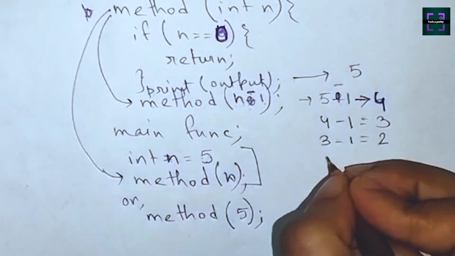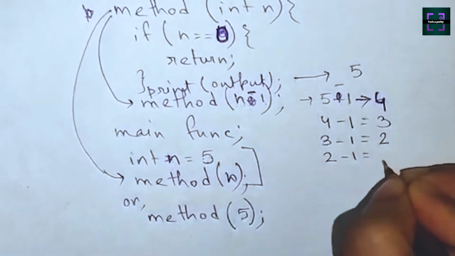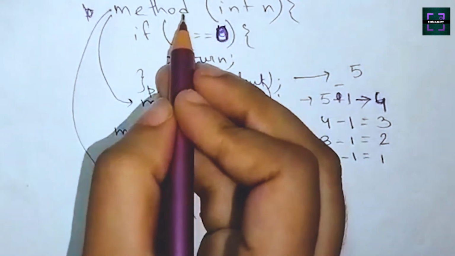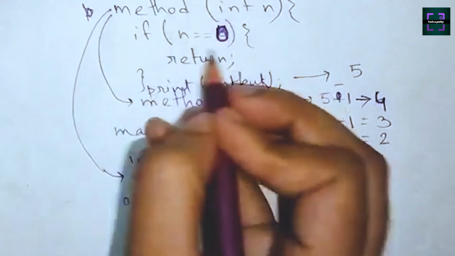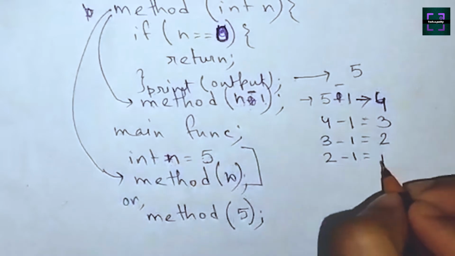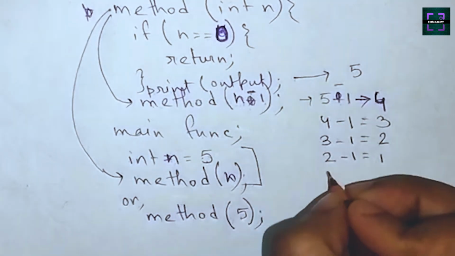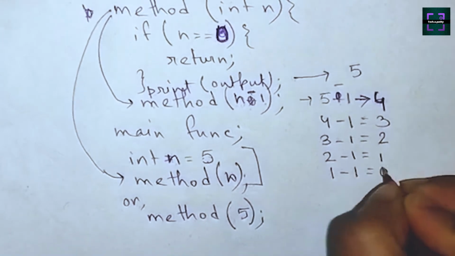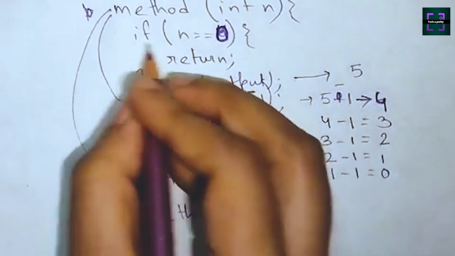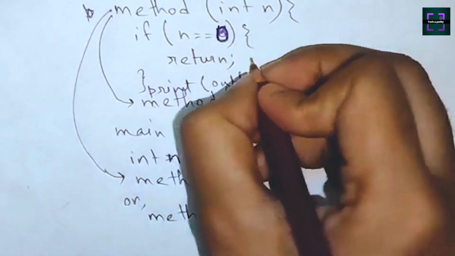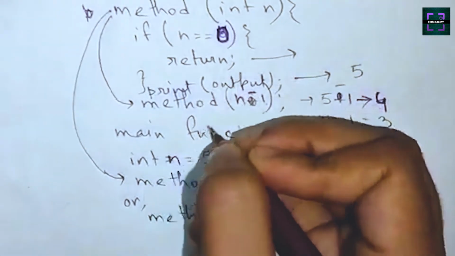No, so again 2 minus 1, that is 1. Again it will enter this method and check the logic. Now 1 equals 0? No, then 1 minus 1, that is 0. After that 0 equals 0? Yes, so it will just return.